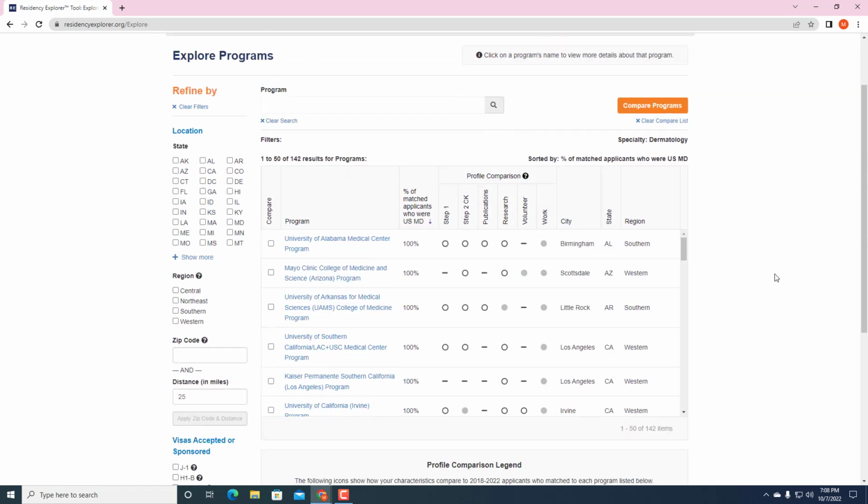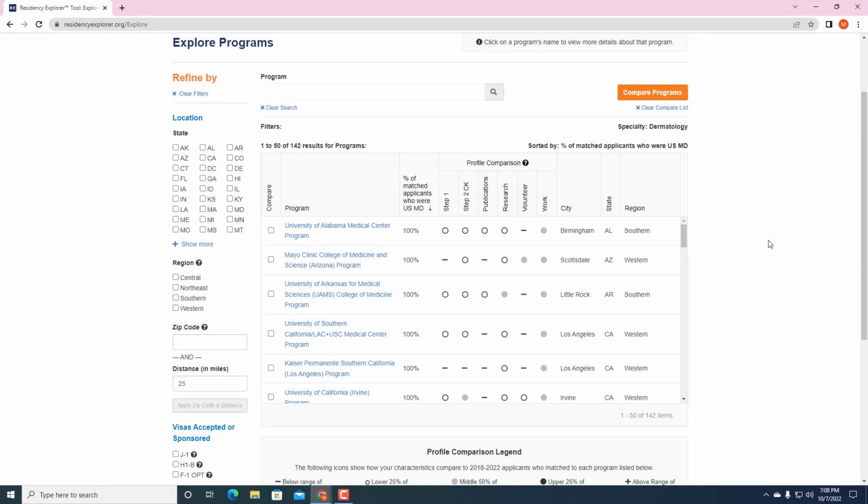With those scores, I'm looking at the percent of matched applicants who are USMD, and it tells me, in terms of profile comparison, how I'm doing relative to other applicants.